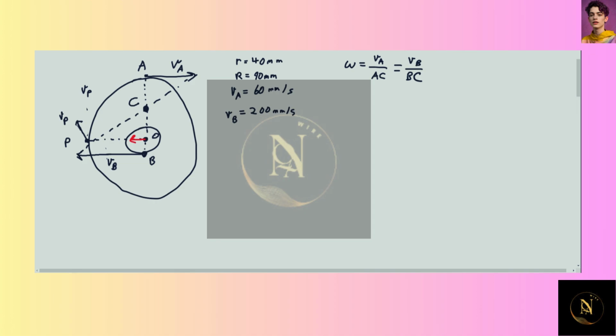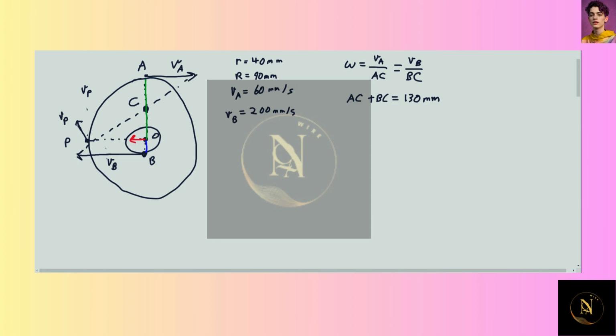We do know that AC plus BC should equal little r plus big R, because we go across one radius between O and A, so that's big R, and then plus this distance OB here. So AC plus BC should equal little r plus big R, which is 130 millimeters.